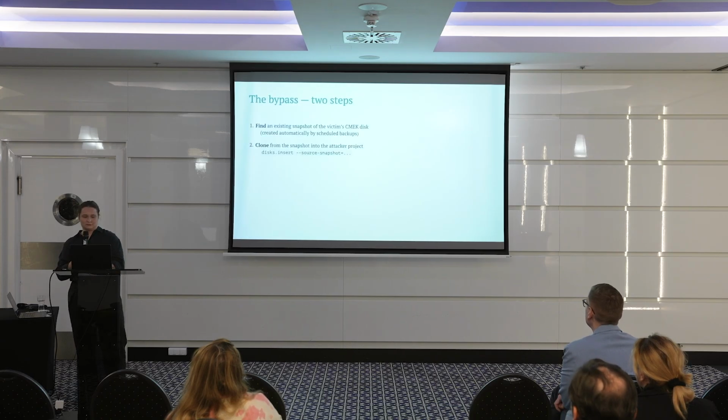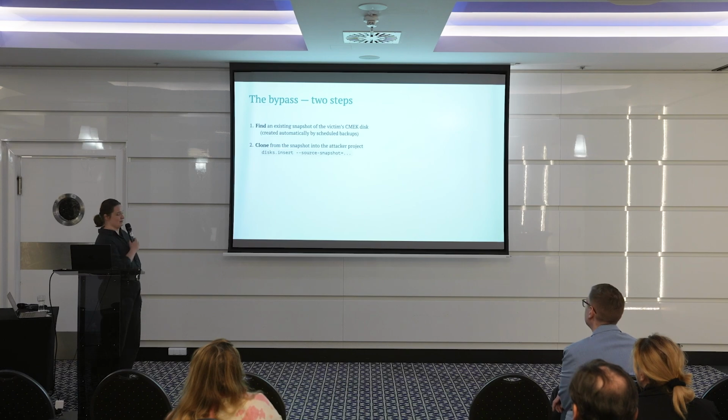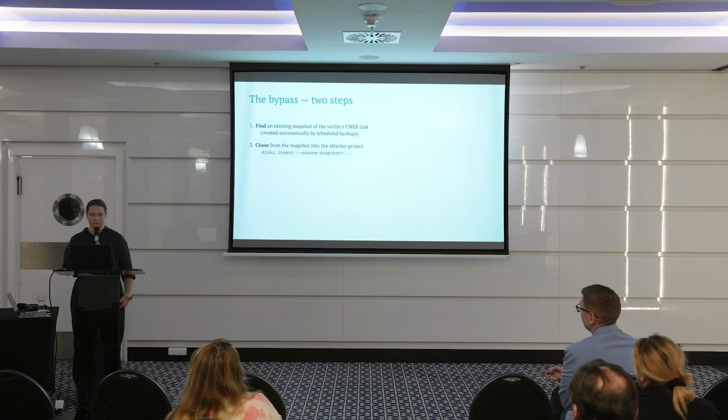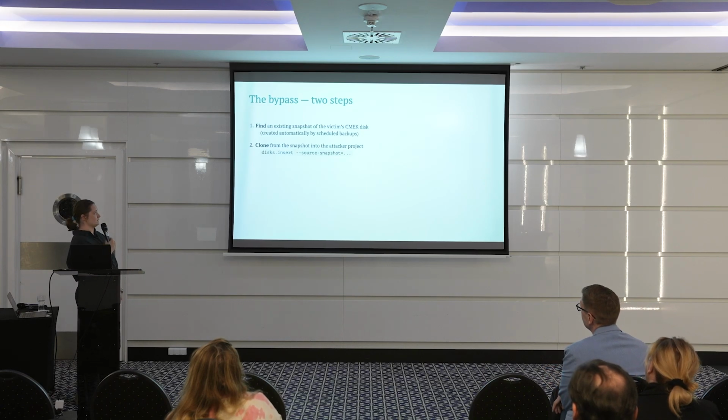And this step is actually finding an existing snapshot, and that's it. So basically, the permissions included in the viewer role already allow you to find existing snapshots, to list the existing snapshots, to list the disks, and also to list the snapshots that are created automatically.